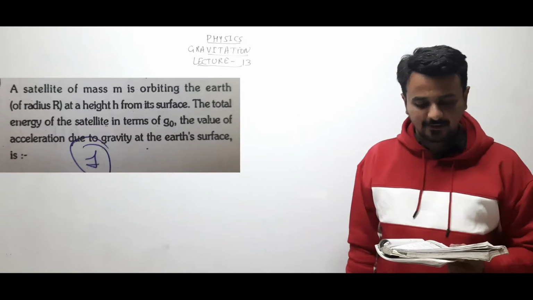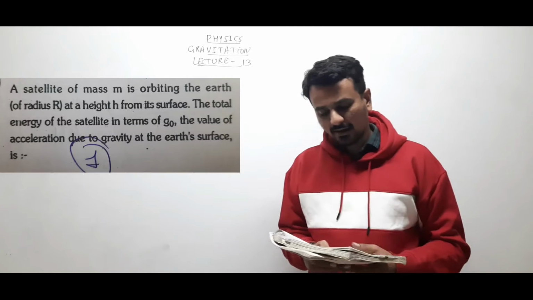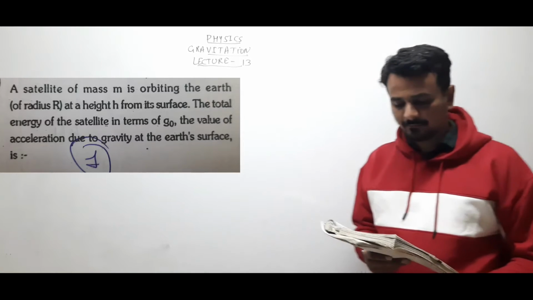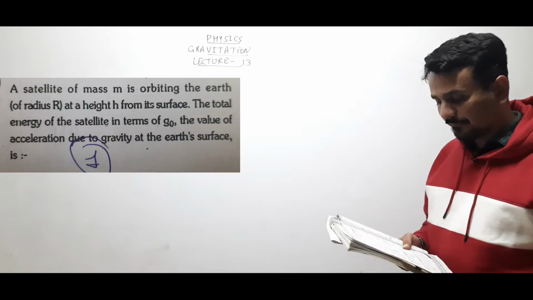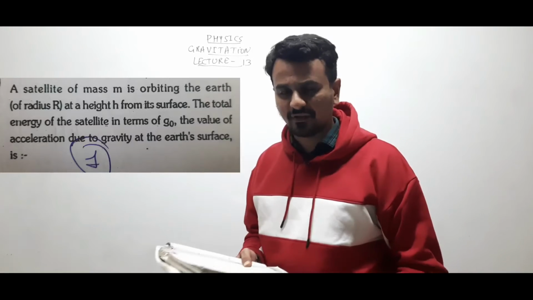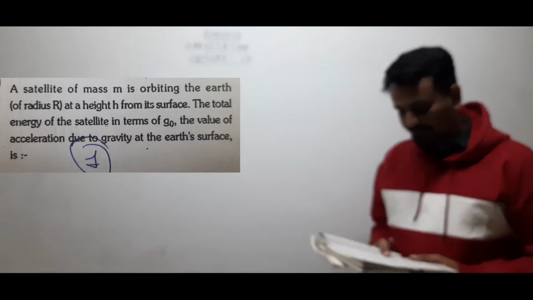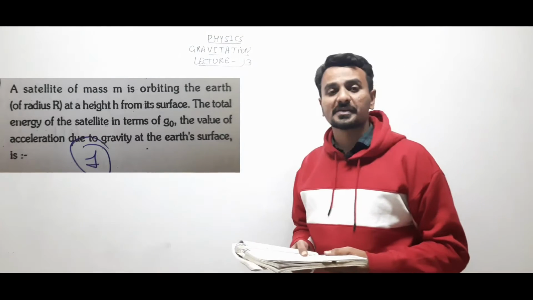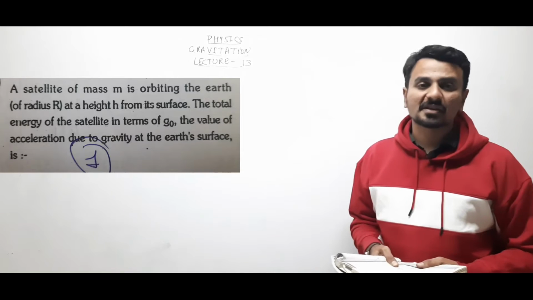See, the question is given as: a satellite of mass m is orbiting the earth of radius R at a height h from its surface. Find the total energy of the satellite in terms of g0, that is, in terms of acceleration due to gravity, while it revolves at height h from the surface of the earth.